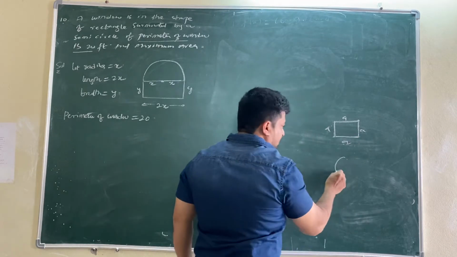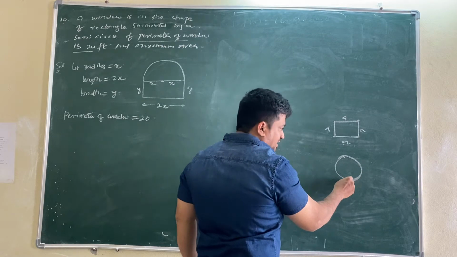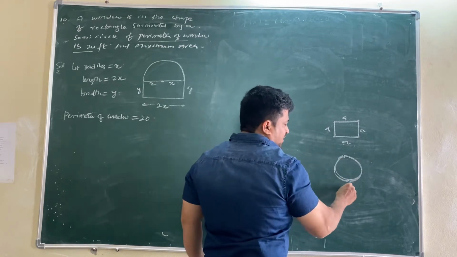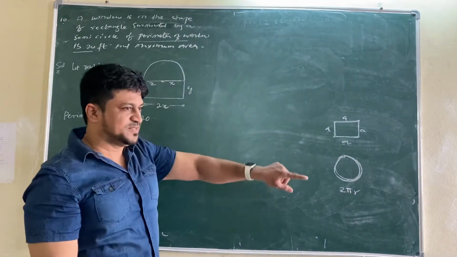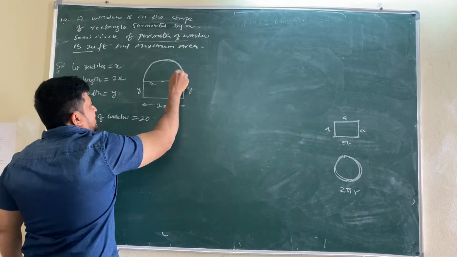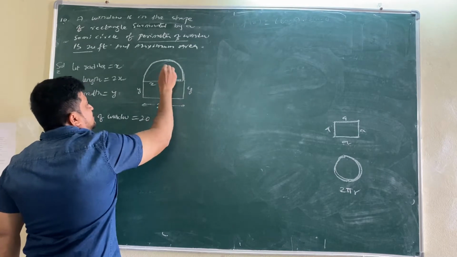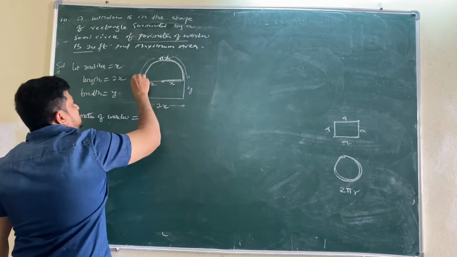If I have a circle, the perimeter is 2 pi r. So a half circle is always pi r. If you are taking anything round like this, from here to here, this is pi r. R is x, so this is pi x.